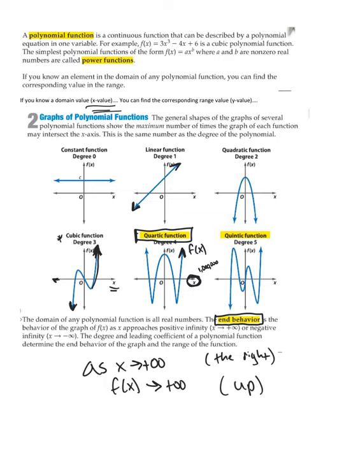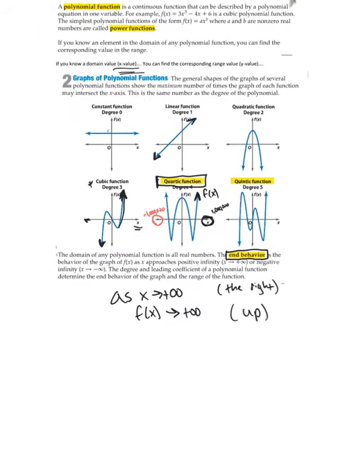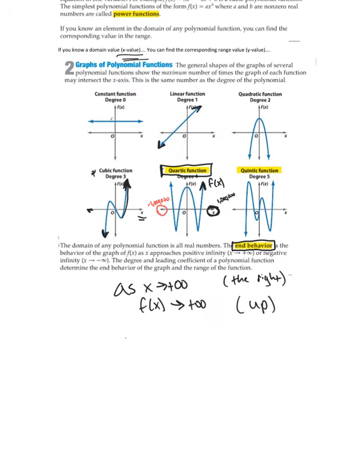What if we wanted to describe the left half of this graph? What x value is over here? Negative 1 million is somewhere over here. Negative 2 billion, negative 3 billion, and so on. So there's right end behavior and there's left end behavior.